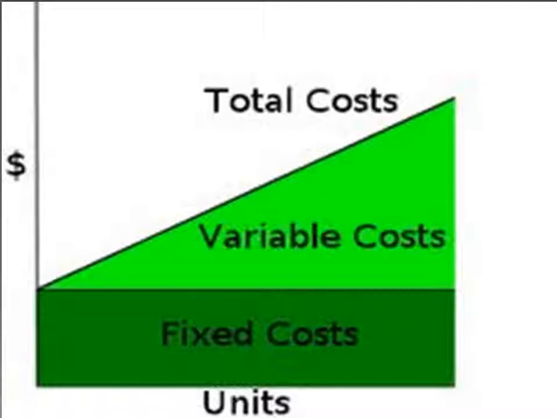So, for example, if your company is renting a warehouse for storage, the amount of the lease will not change based on how much inventory you can fit into that warehouse.